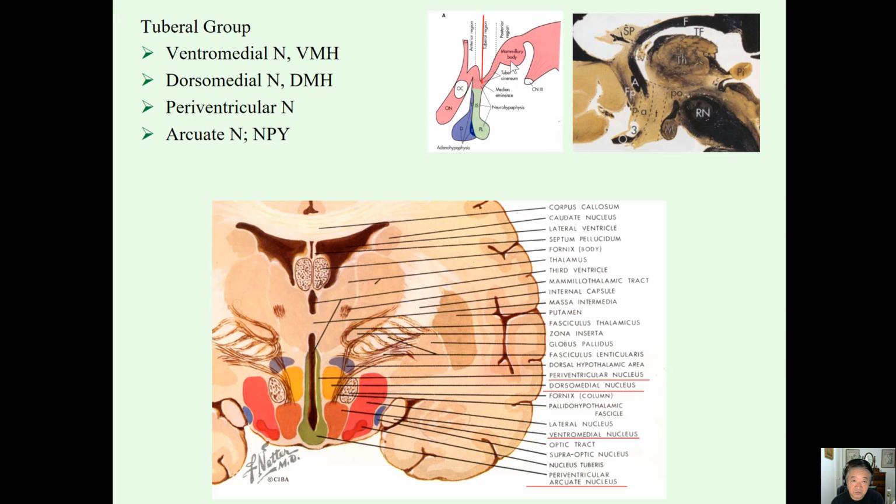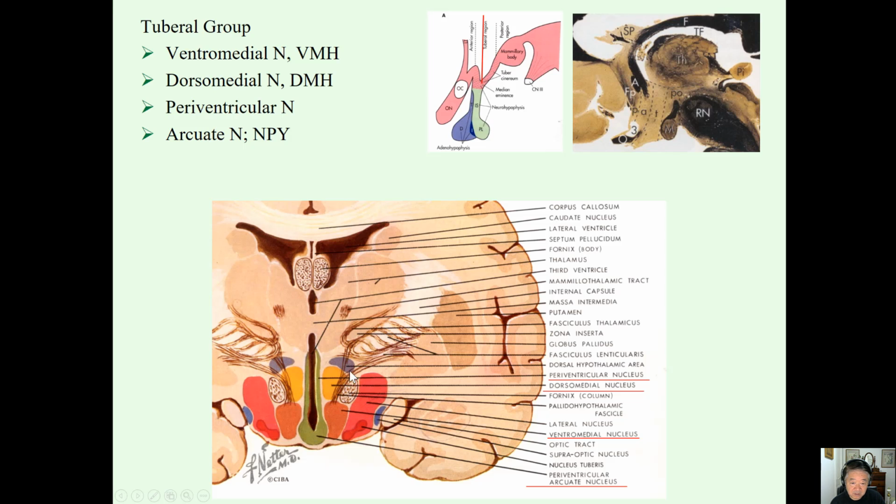When you study the hypothalamus, you will need to consider two dimensions. One is the side view, and one is the coronal section view. When you consider the sagittal view from the medial side, you will consider 1, 2, 3, 4 regions.